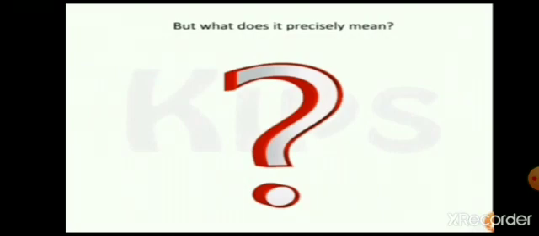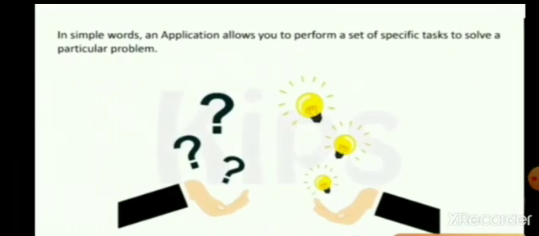In simple words, an application allows you to perform a set of specific tasks to solve a particular problem. Basically, an app allows us, the user, to perform specific tasks. Suppose a calculator.